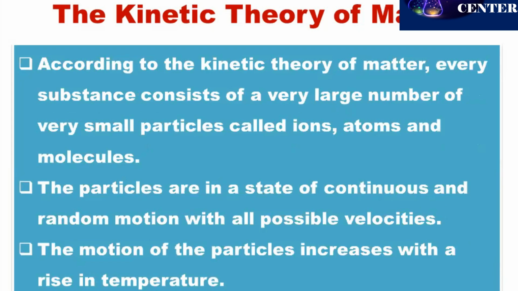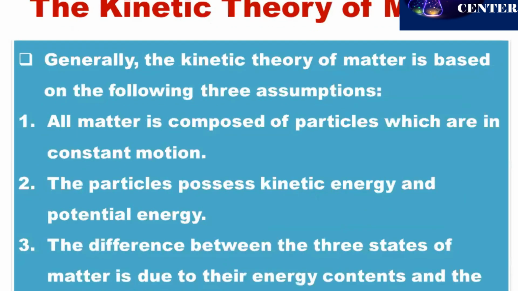According to the kinetic theory of matter, every substance consists of a very large number of very small particles called ions, atoms, and molecules. The particles are in a state of continuous and random motion with all possible velocities. The motion of the particles increases with a rise in temperature.